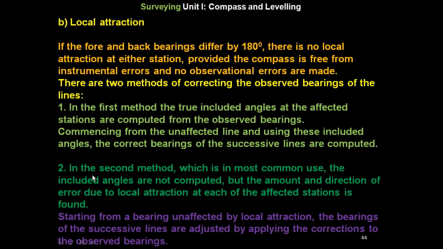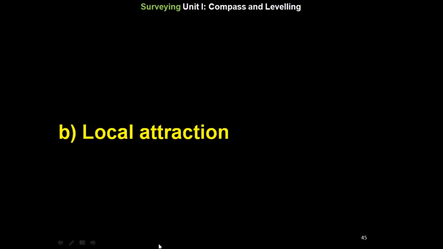Second, in the second method, which is in most common use, the included angles are not computed, but the amount and the direction of error due to local attraction at each of the affected stations is found. Starting from a bearing unaffected by local attraction, the bearings of the successive lines are adjusted by applying the corrections to the observed bearings. So we have seen the local attraction.